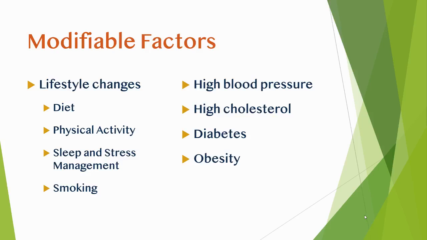Unfortunately, there are some risk factors that we cannot control, and these are your non-modifiable risk factors. These are things like age, family history, and gender. Obviously you can't control how old you are, and you can't control if you have a family history or genetic predisposition.